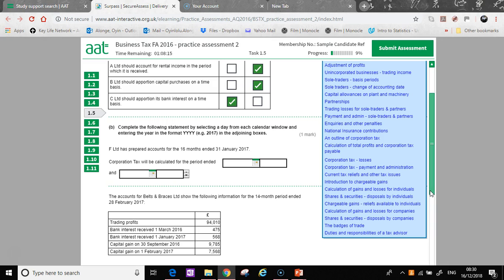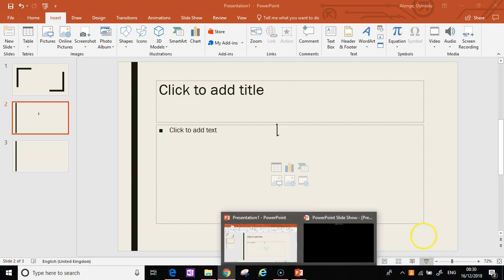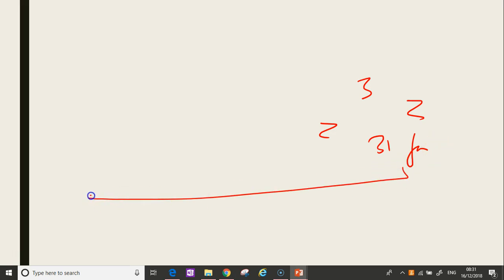So what you need to do is go back and ask yourself, okay, if you're preparing a set of accounts ending on the 31st of January, you need to go back and find out what the very first date was.